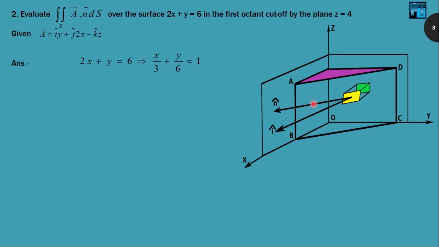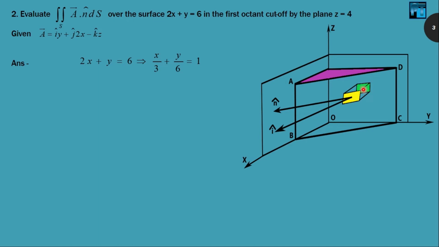Now we are left with two projections. One projection I have already shown here, and the other projection would be at the xz surface. This projection is on the yz surface. See the green spot?